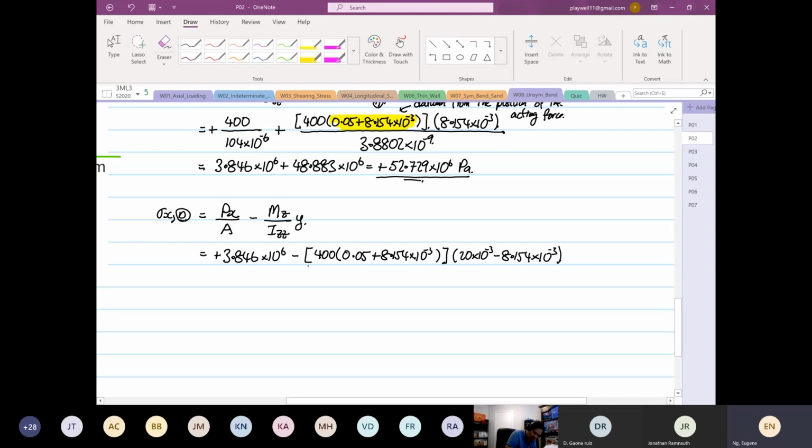Then the whole thing you divide by 3.8802 times 10 to the power minus 9.